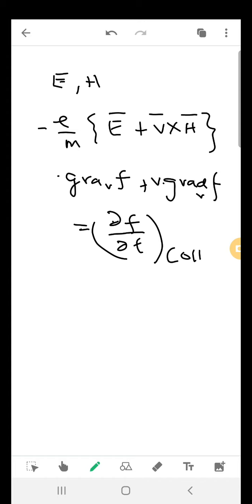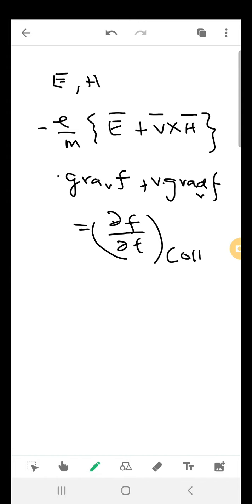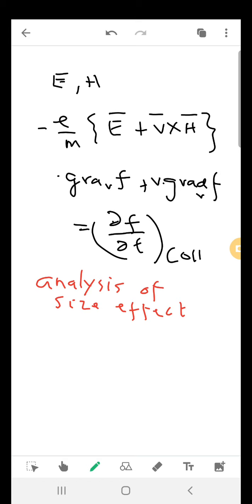And this equation is basically the analysis of size effect, and it involves space derivatives.